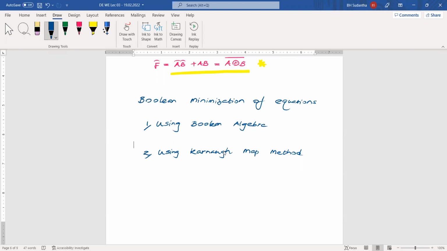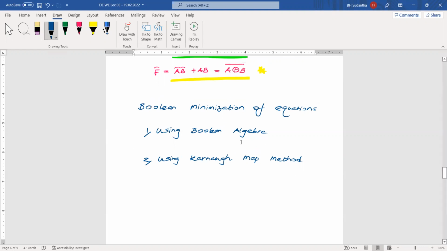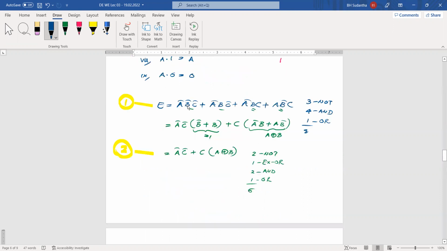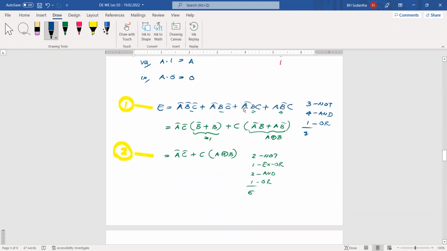We'll learn this one later on. But first, we can consider using Boolean algebra. How can we minimize equations? We have tried 4 different equations there in the first section, and I have taken here the first question, the second question. You can try the third one.